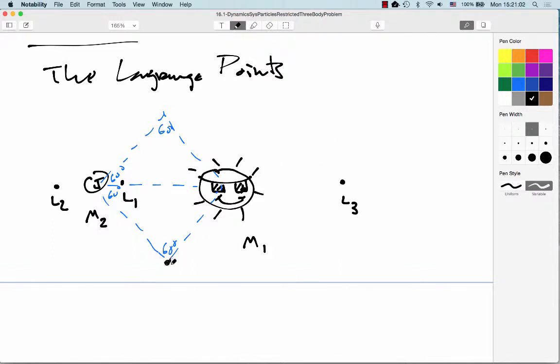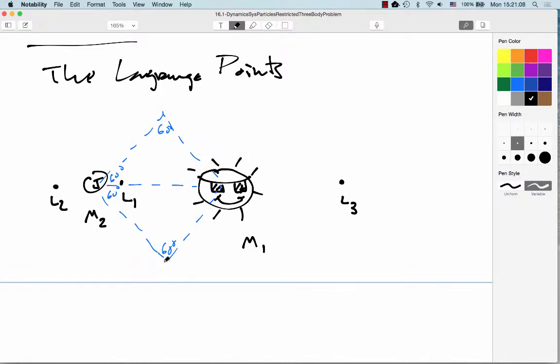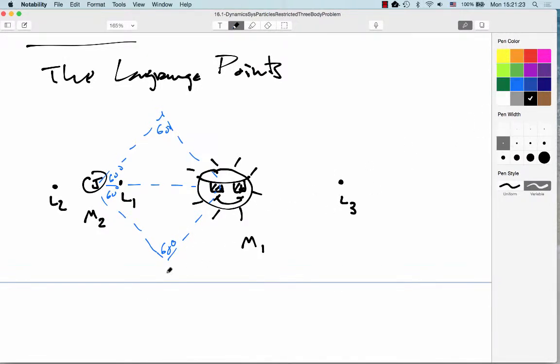This is L4. Oops, let me go back to the same thickness there. There we go. This is L4. Doggone it. 60 degrees. There. And then this is L4, and that is L5.